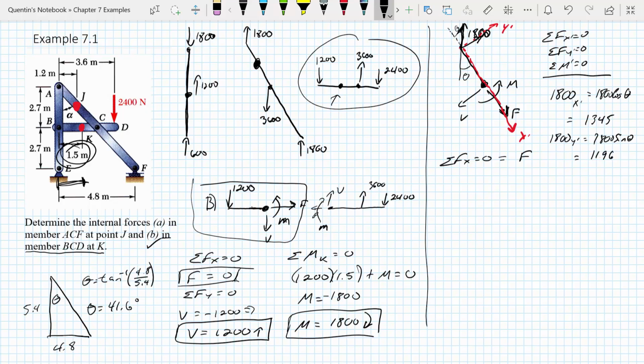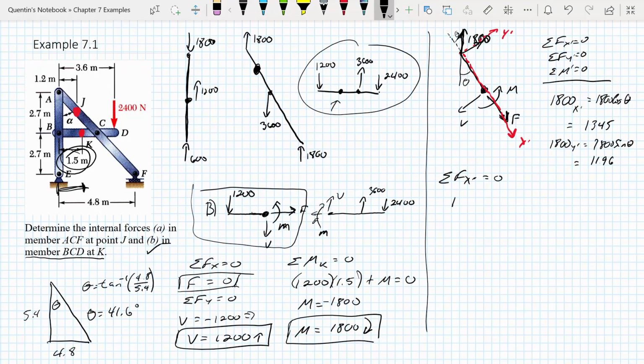Okay, so why is that important? Give myself a little space over here. If I do my sum of forces in the x prime direction equal to 0, I have F going in the positive and the other one going in the negative, so this F is equal to 1800 in the x prime, which is 1345. So we have 1345, and I'll draw it in that direction.